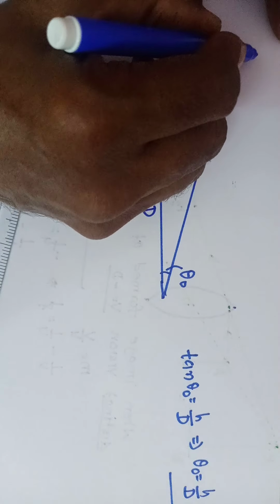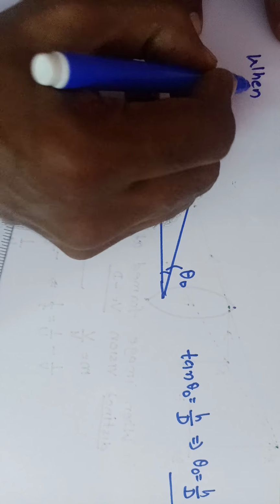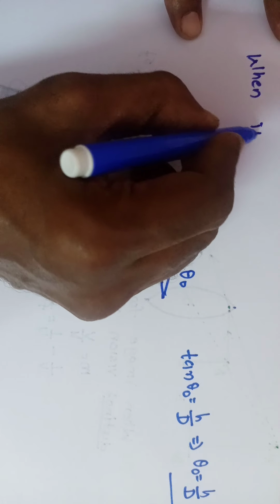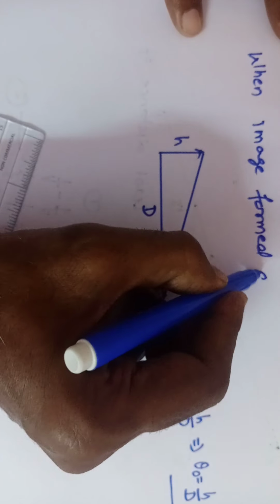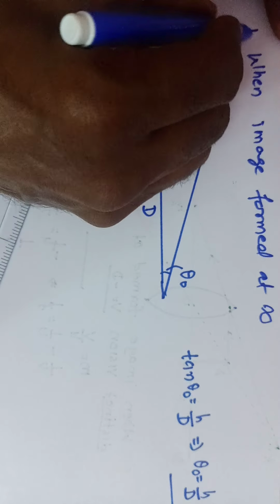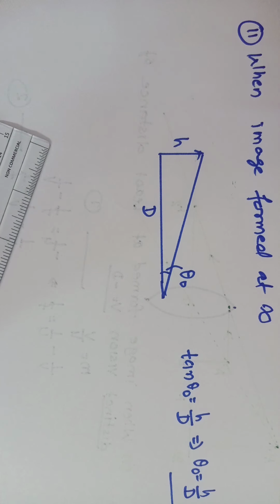This is the case when image formed at infinity. Case 2, when image formed at infinity. This we are discussing now. So this is theta 0.